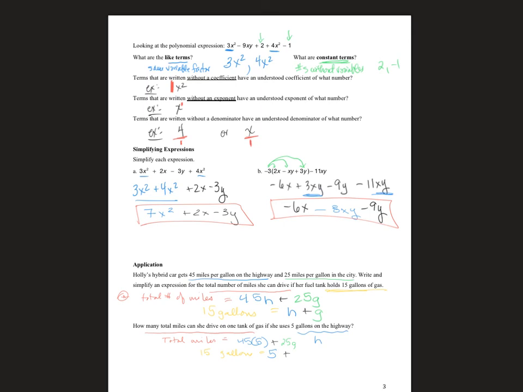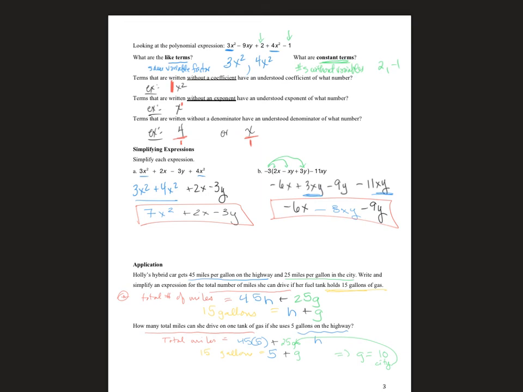I called it G for the gallons in the city. I can solve for the number of gallons I have in the city. So what is G? G is going to be, well, if I have only 15 and I've used 5 on the highway, I only have 10 for the city. So I can substitute that back here to give me my total number of miles.